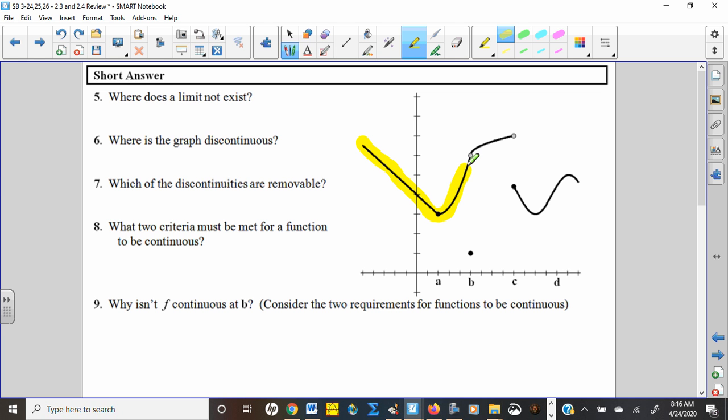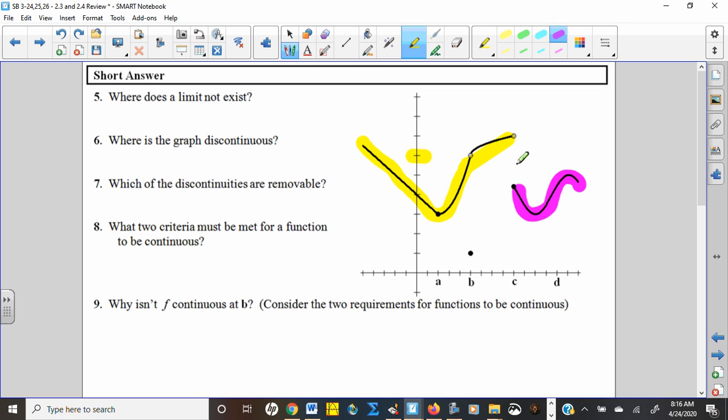Now, we hit a hole here, so this is a removable discontinuity. But if I came in from the other side, we'd still be approaching the same height. So that limit still exists there. Now, when I finally get up here, we have that jump discontinuity, and that is a problem.